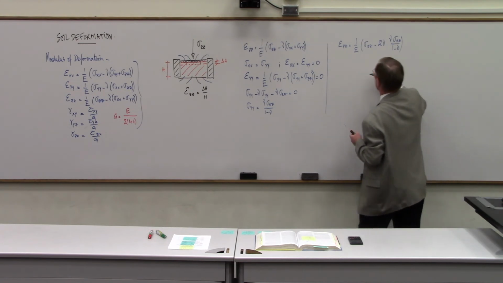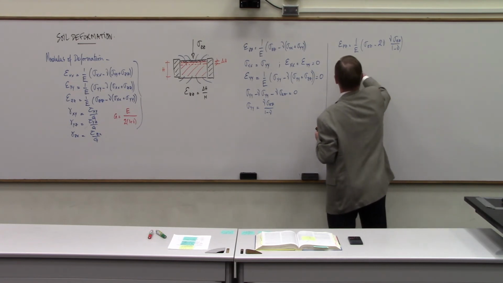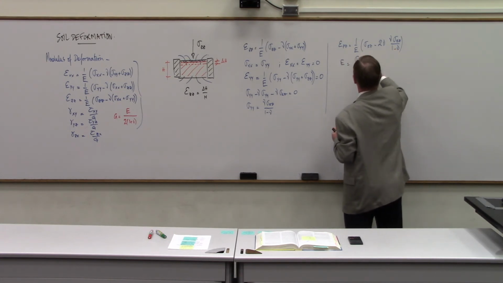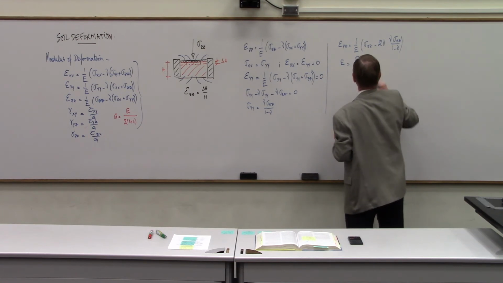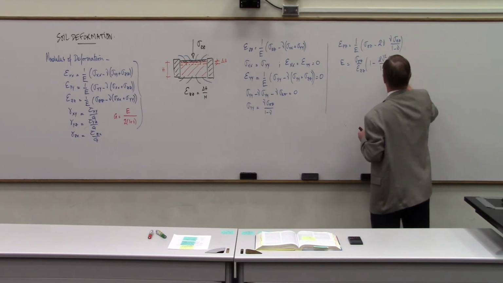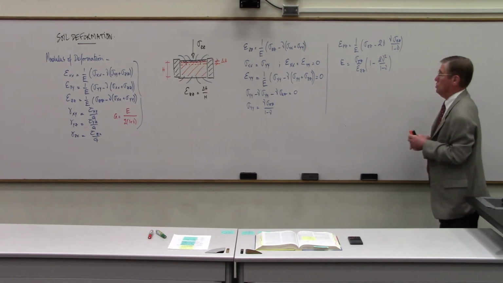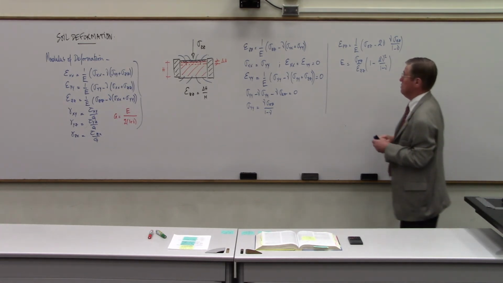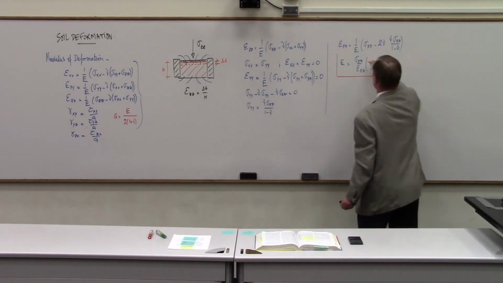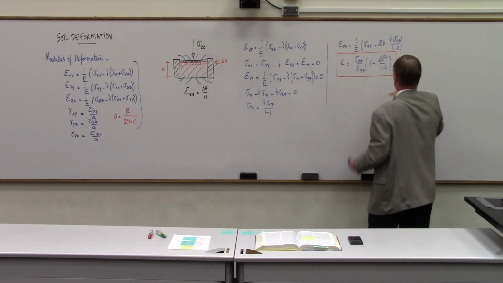So therefore E, the modulus, regrouping all this, is sigma ZZ over epsilon ZZ times (1 minus 2 nu squared) over (1 minus nu). I just wanted to show you this so that you realize you can obtain this modulus of deformation from this test.